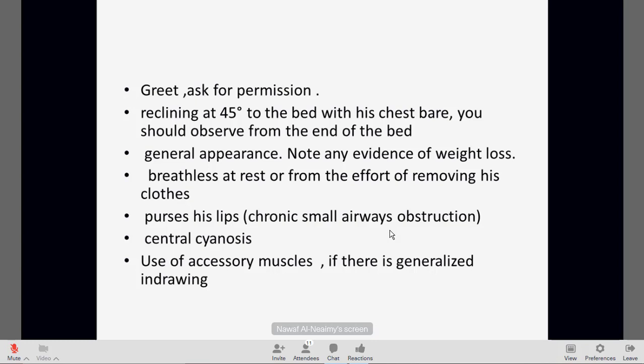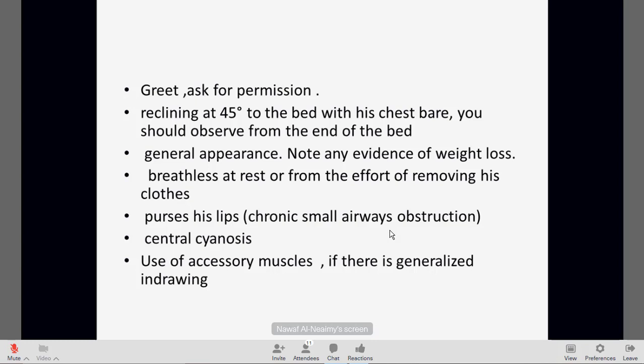Also, regarding dyspnea, you may have noticed in your rounds in the hospital that patient who is dyspneic cannot complete a sentence. I mean, those who are with severe dyspnea, they cannot complete a sentence while they are talking. So also this gives you an estimate about the level of dyspnea.